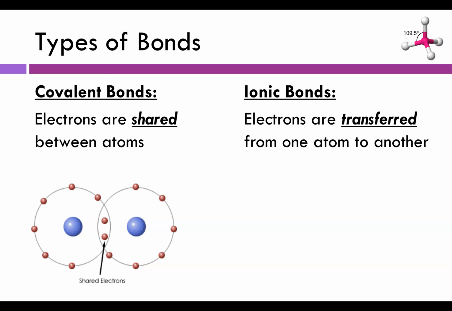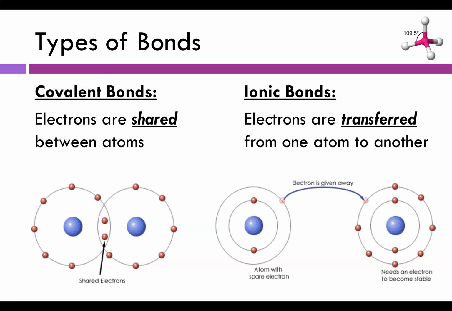Ionic bonds are formed when electrons are transferred from one atom to another. Sometimes we end up with an atom that has an extra electron or just 1 or 2 valence electrons in its outermost shell, and it will tend to just give it away or transfer it to an atom that has a near complete valence shell. So just be aware that those are the 2 different types of bonds, and again, we'll spend a lot more time in lessons 4.2 and 4.3 talking about them.